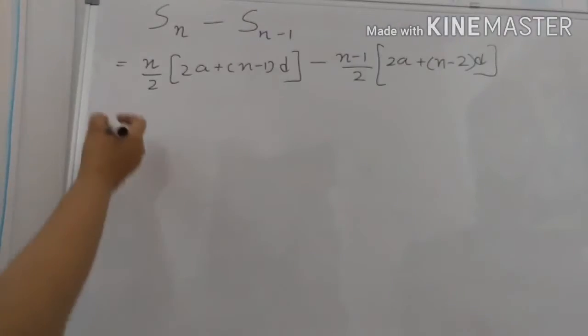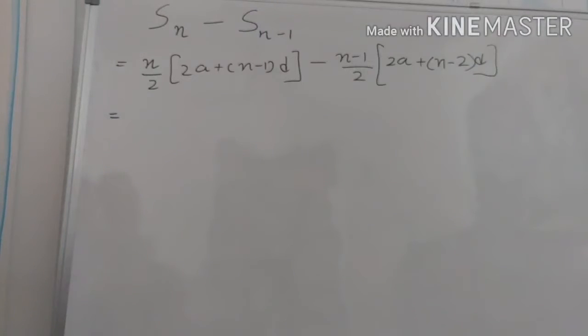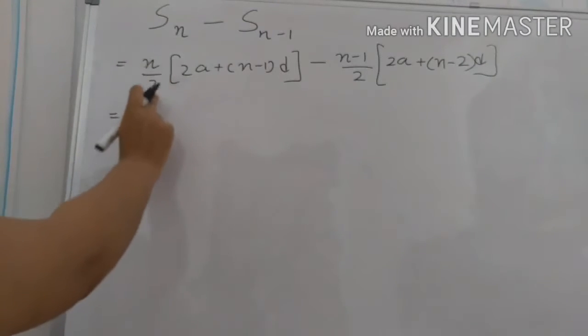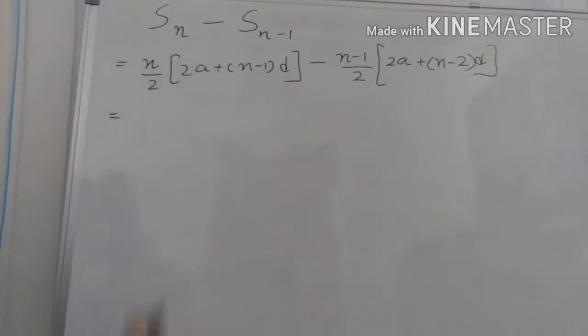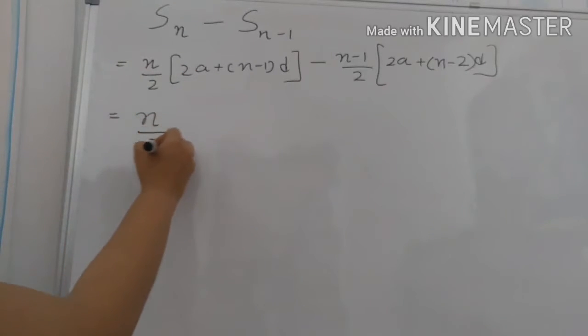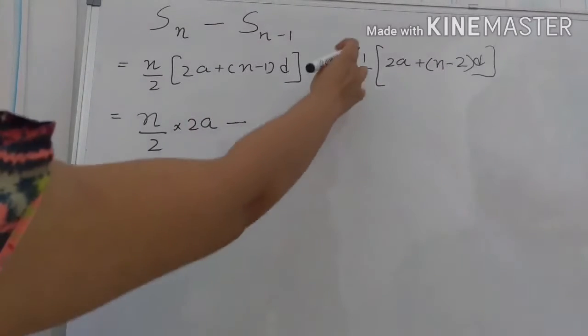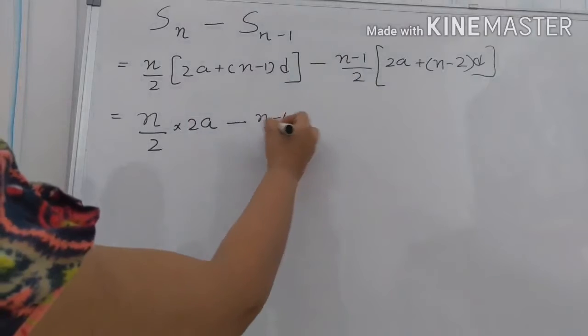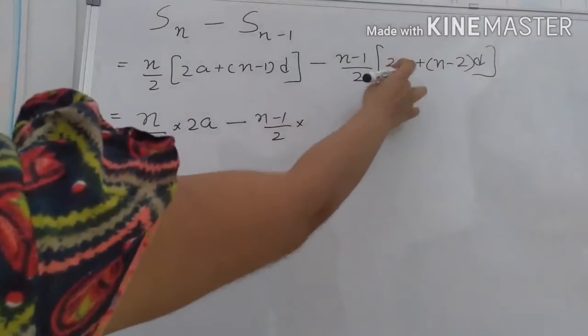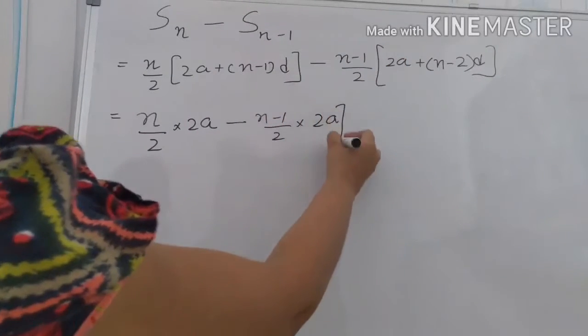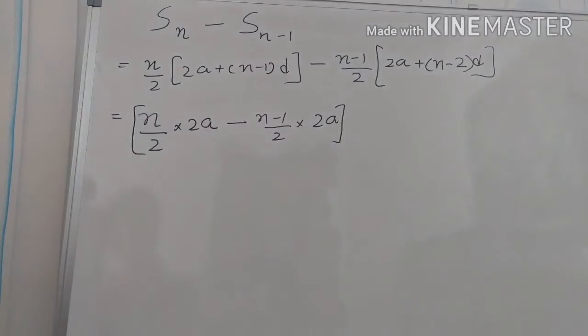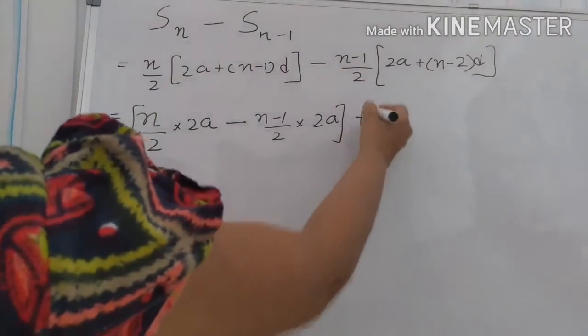Now to derive the formula, first of all I take n by 2 multiplied with the first term in the bracket. So here I take n by 2 into 2a, with a minus sign in between. Similarly (n minus 1) by 2 into the first term of this bracket, 2a. I write them in one bracket and there is a plus sign, so I write plus.